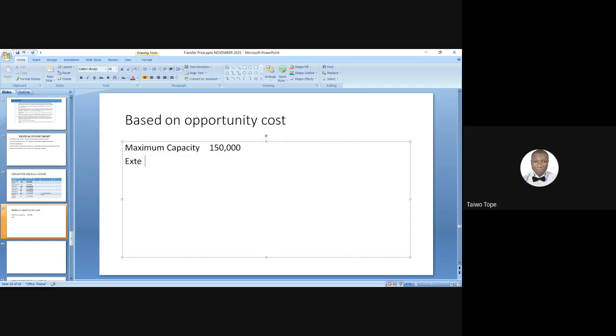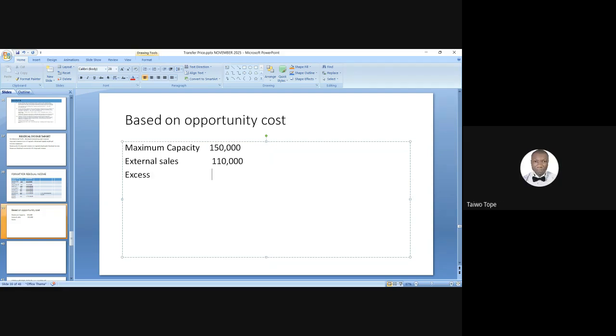The external sales in terms of quantity is 110.